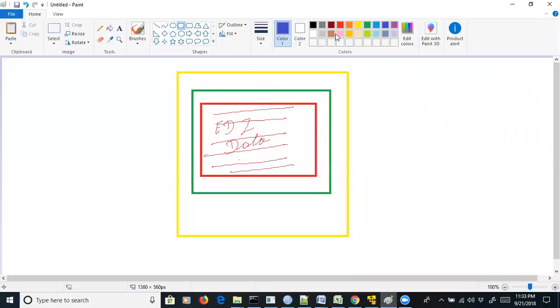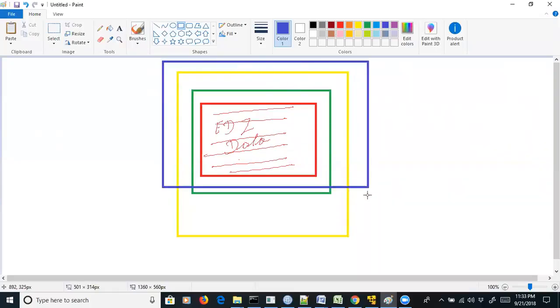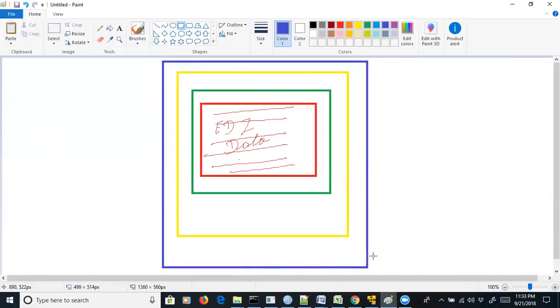One second, my digital pen is not working today. And then it will have one more envelope. So let's discuss what these envelopes are.